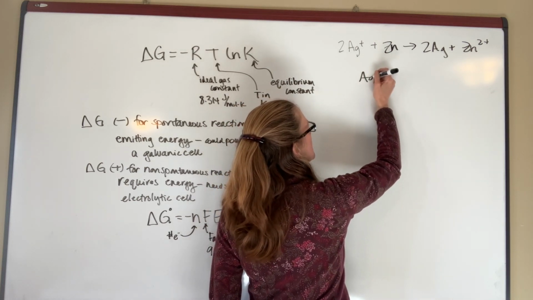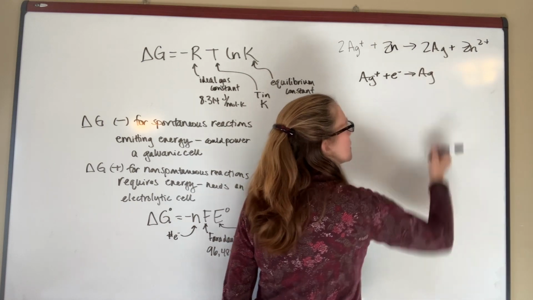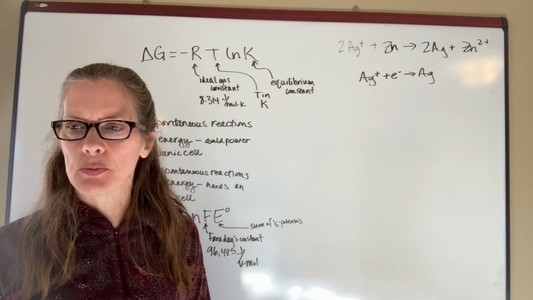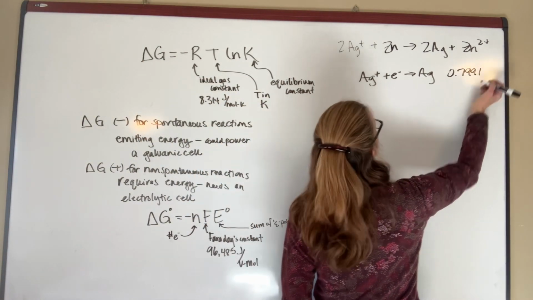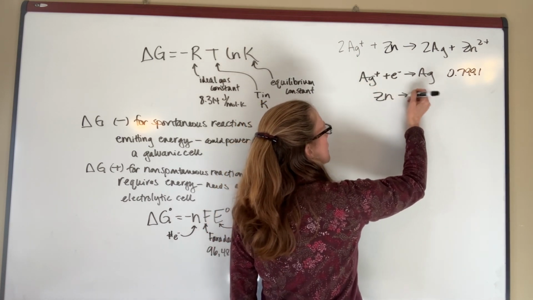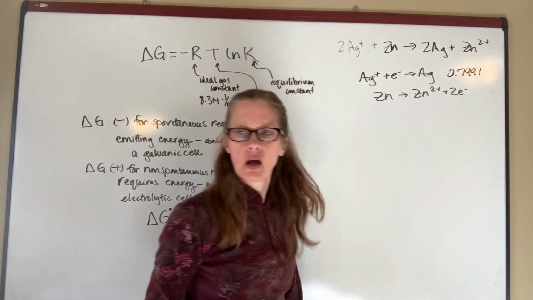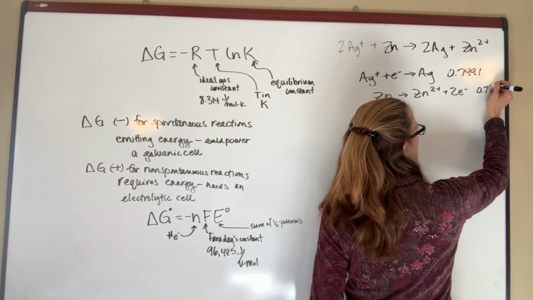If I take Ag plus to go to Ag, and I find that on the standard reduction table, you're going to see that it's 0.7991. And then if I take zinc and convert it to zinc 2 plus plus 2 electrons, that's going to be 0.763.